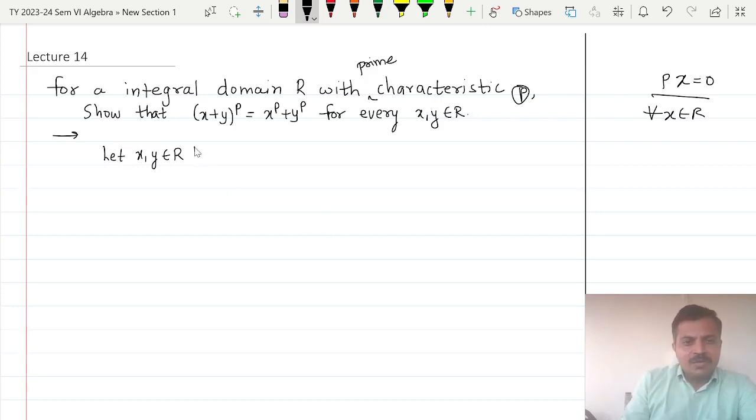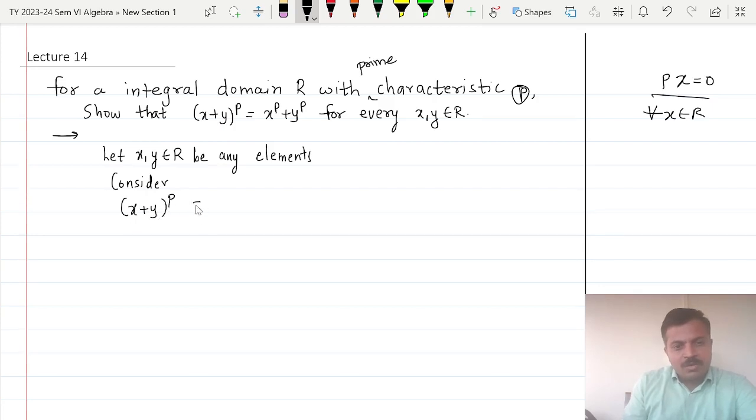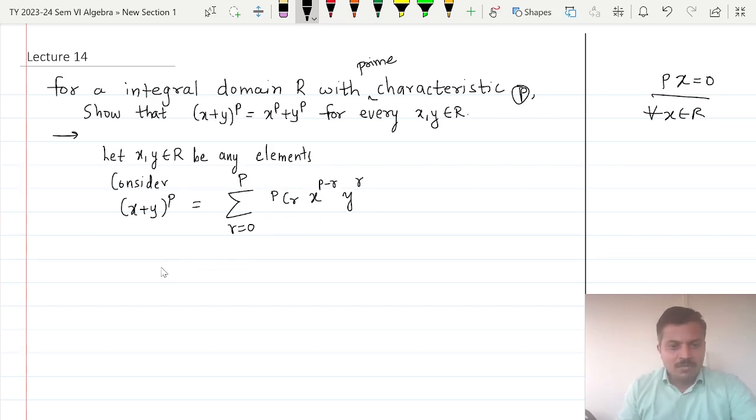So I will say let x, y belonging to R be any elements, and let us consider (x + y)^p. By the binomial theorem, it is equal to the summation r varying from 0 to p of pCr x^(p-r) y^r. First I will put the value of r as 0, so this will be x^p, plus the summation with r running from 1 to p minus 1, and I will also put the value of r as p, so what you will get is y^p, isn't it?